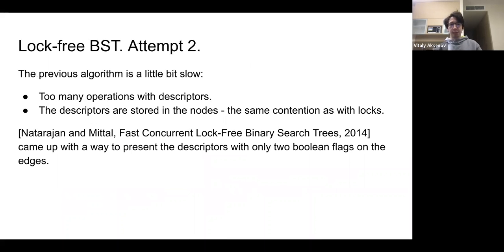The previous algorithm is a little bit slow because there are too many descriptors, and descriptors are stored in the nodes, which can lead to contention. Instead of that, in 2014, Natarajan and Mittal came up with a way to represent the descriptors with only 2 Boolean flags in the reference to the edges, in the reference to the children. So just 2 bits. We can do that because right now all the references are 64 bits, and the memory right now is not so large.